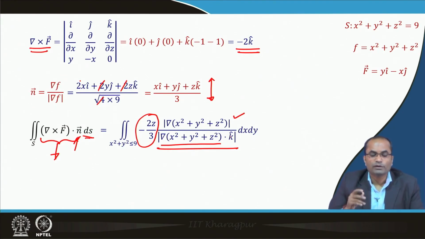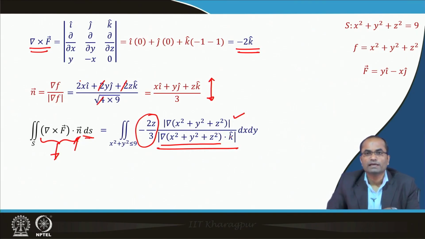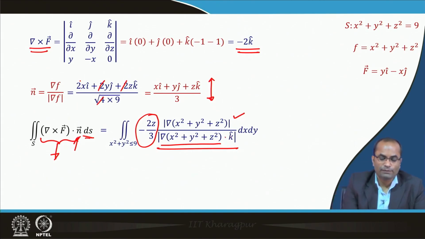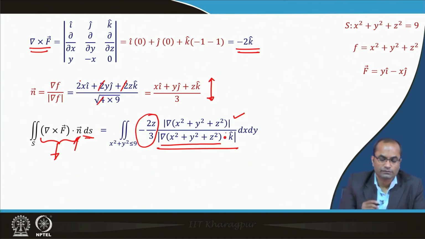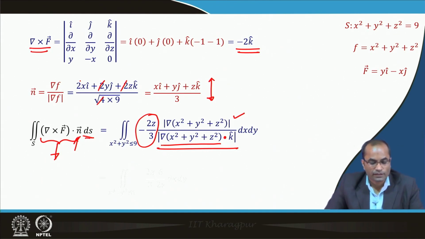in this case k, because we have projected that surface on the xy plane, and once we project it on the xy plane, this is a disk with radius 3, whose boundary is just the circle of radius 3. So, we have projected on this xy plane, therefore, we also have to multiply this dot product with the vector p, which is k here, and now we can simplify this.